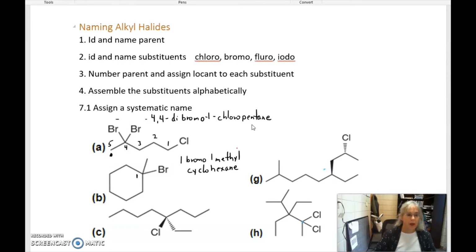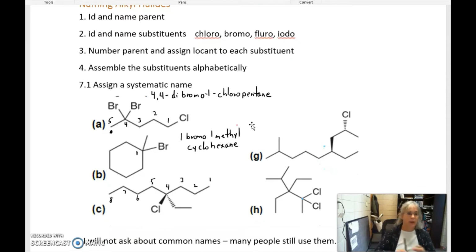Okay, so here we've got a molecule. We're going to number it so that the chloro group here gets the lowest number. We get 1, 2, 3, 4, 5, 6, 7, 8. So it's going to be an octane. So I can move this up just a little bit so I can write under it. There we go. And the 4 here, we label it 1, 2, 3, 4.